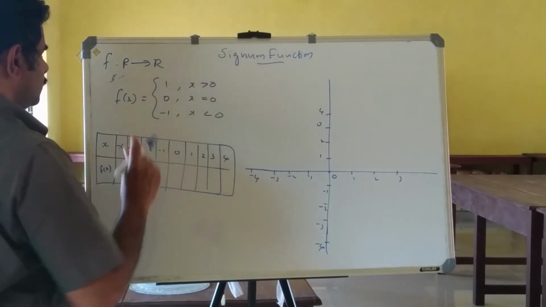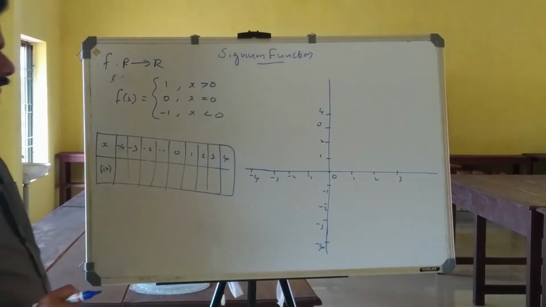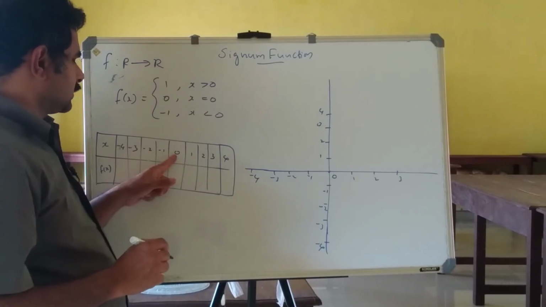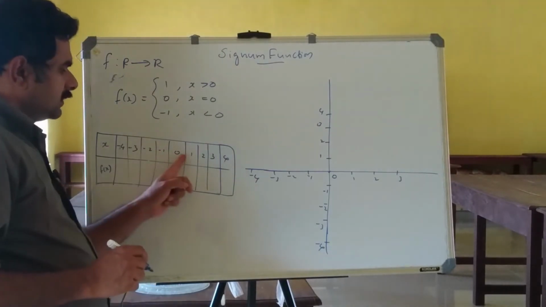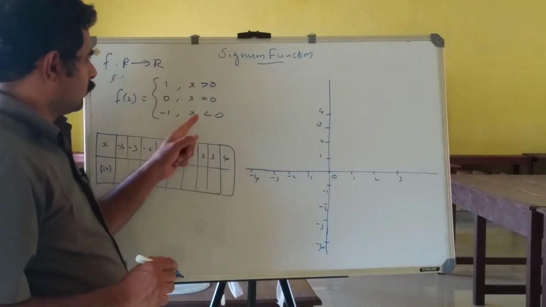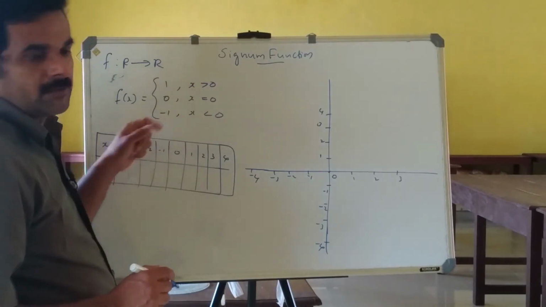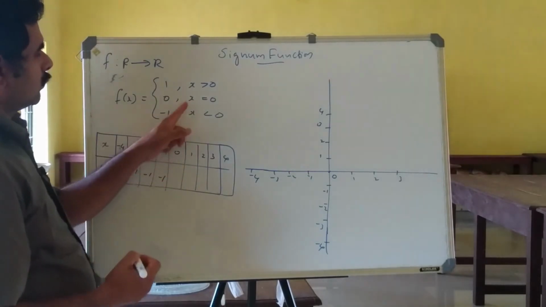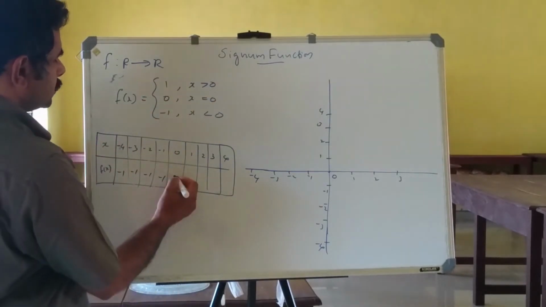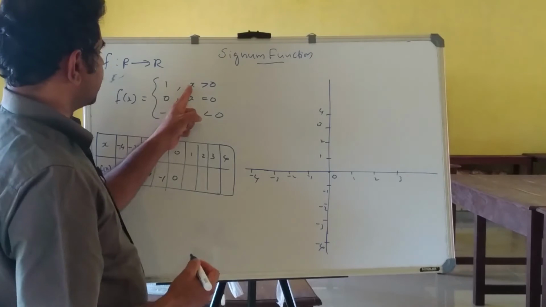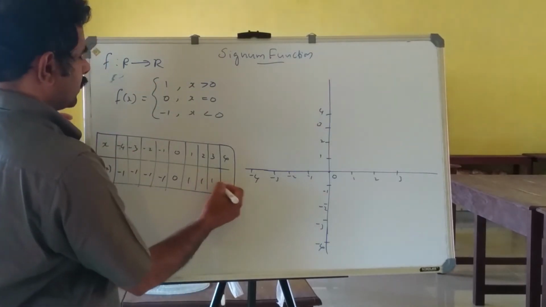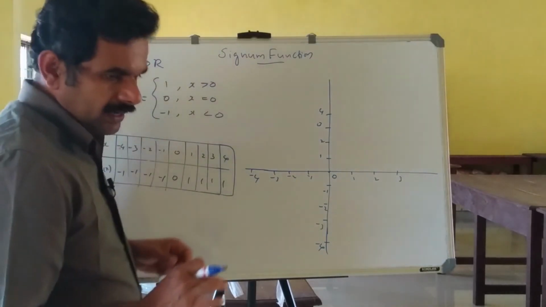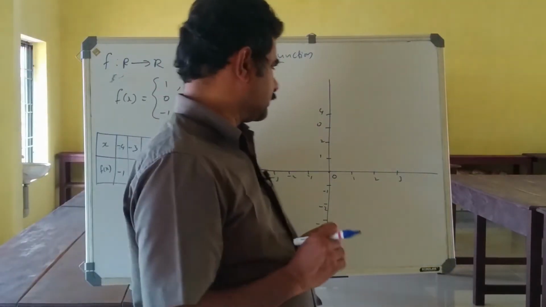When x is minus 4, x is less than 0. For x less than 0, the value will be minus 1, minus 1, minus 1, minus 1. For x equal to 0, the value becomes 0. When x is greater than 0, the value is 1. So only these three values, minus 1, 0 and 1, are the y values.